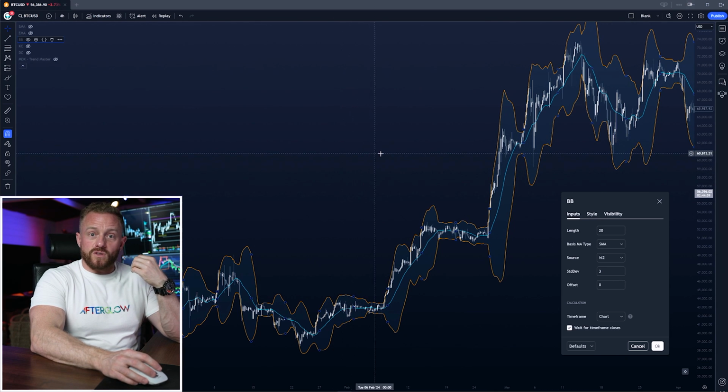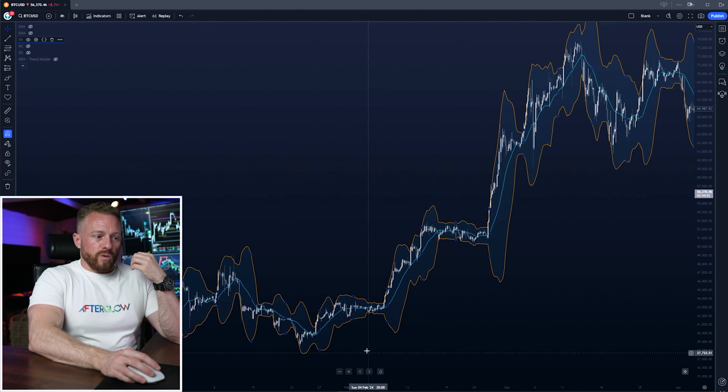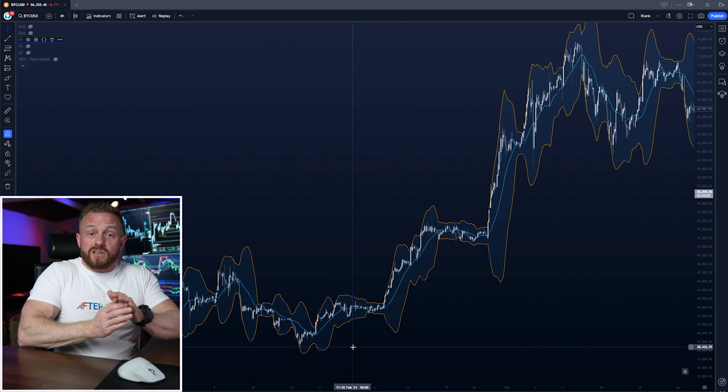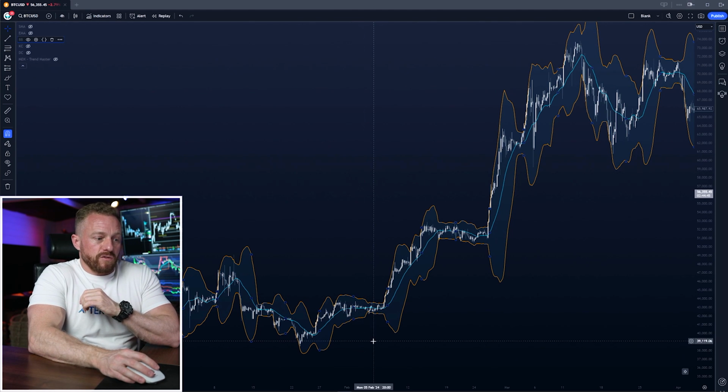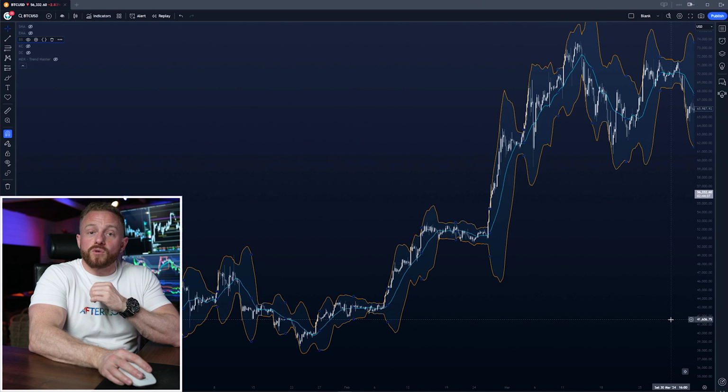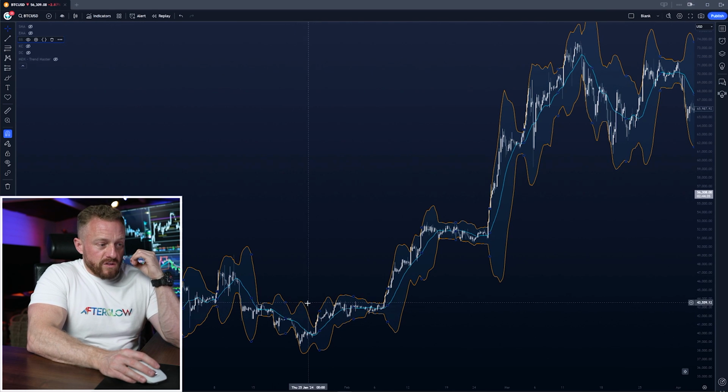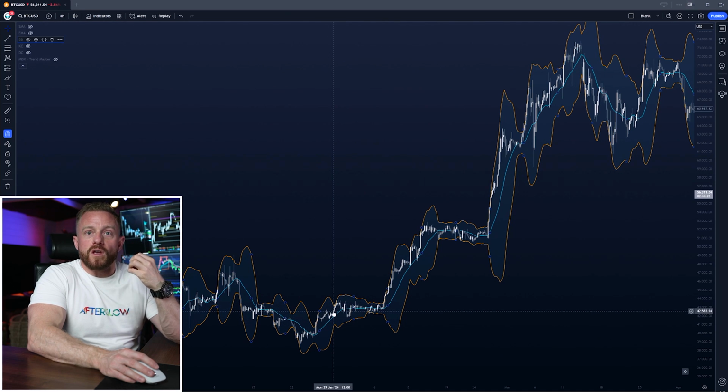And I'm just using the basic Bollinger Band indicator from TradingView. And here we can quite clearly see these big shifts in the width of the Bollinger Bands. So for example, back in January, February time, when Bitcoin was sitting at around 40,000, you can see that the Bollinger Bands width was fairly narrow and the price action was very stable and muted and not much was happening.